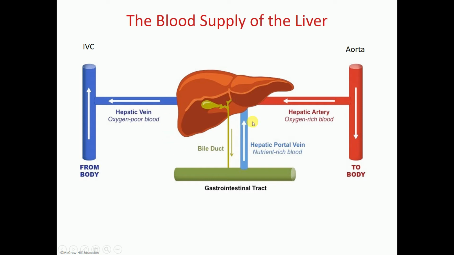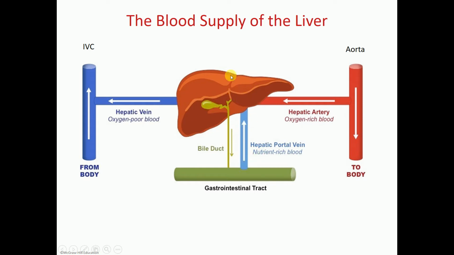And then all of that blood is going to exit the liver through the hepatic vein, which is oxygen-poor blood. The hepatic vein eventually will reach the right atrium, just like the rest of the body, through the inferior vena cava, and so on. Okay, so again, 2 blood supplies going towards the liver, hepatic artery rich in oxygen, hepatic portal vein brings in blood that is nutrient rich.